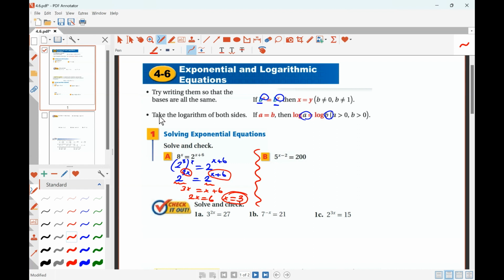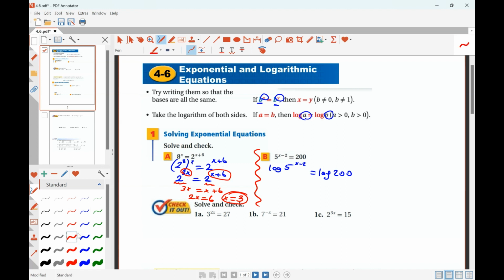I'm going to apply the second property. The second property says take the logarithm of both sides. So write this as log of 5 to the power of x minus 2 equals log of 200. Since I am not writing any base here, I am using a common logarithm, where the invisible base is 10.